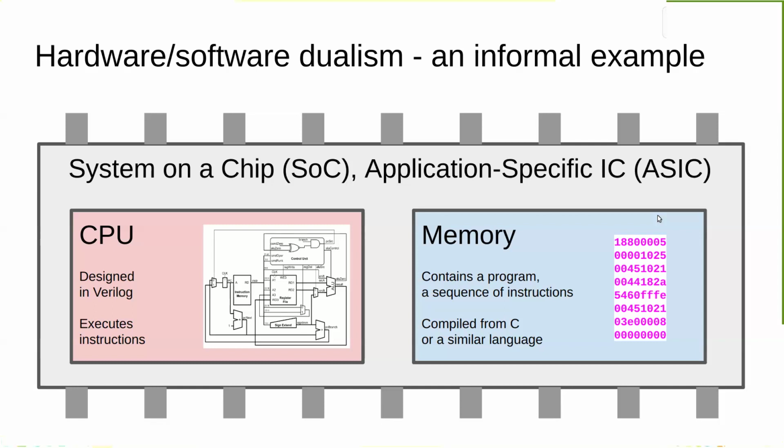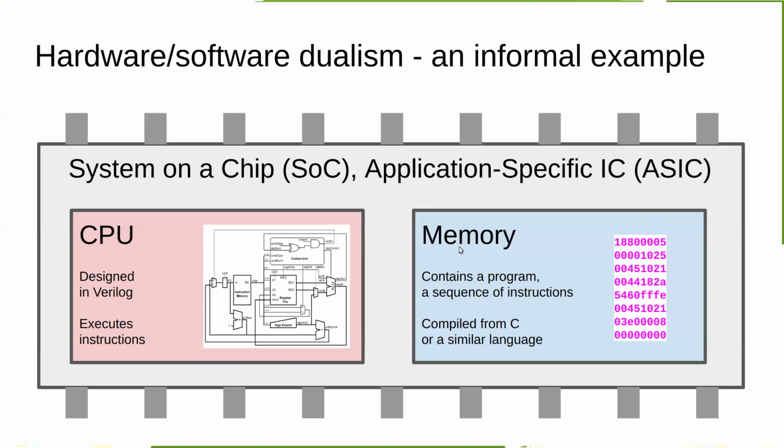The software part is essentially a sequence of instructions in memory, and a CPU is essentially a digital circuit which just gets those instructions from memory one by one and changes its internal state. So this is all that a CPU is.